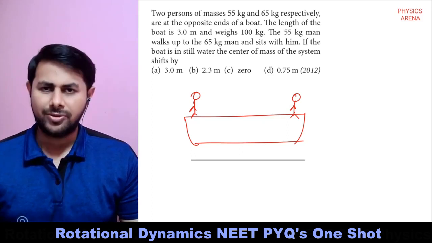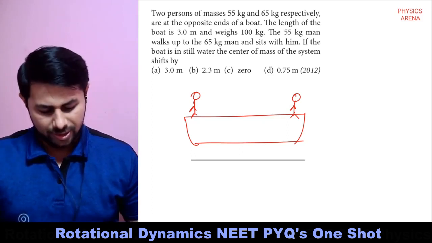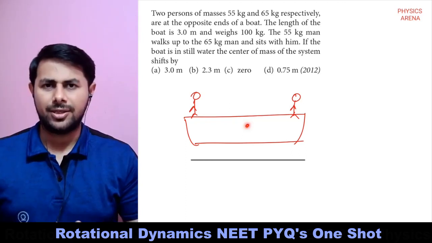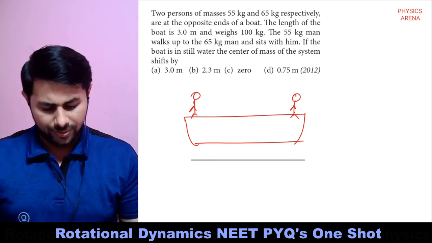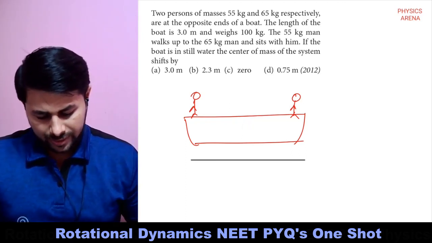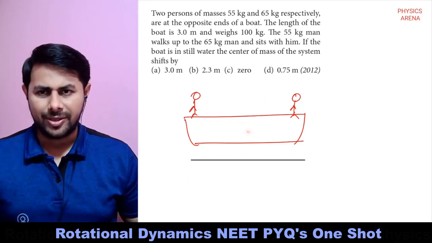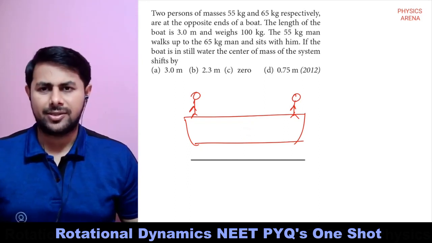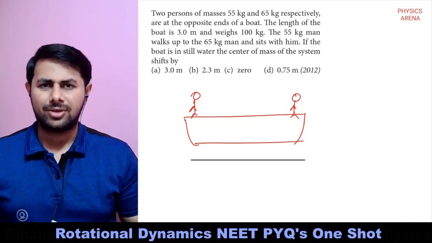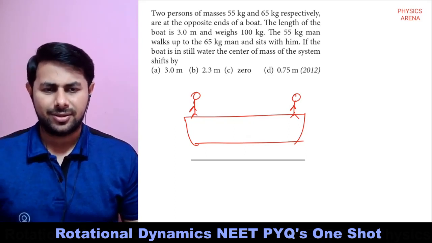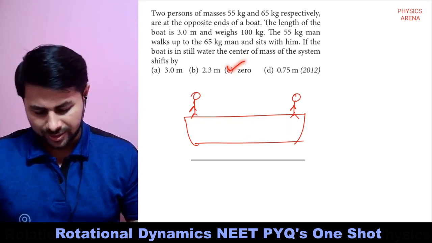It won't change the velocity of center of mass. So if initially the velocity was 0, then the velocity will remain 0. If the center of mass was at rest, it will remain at rest. So option C is the answer.